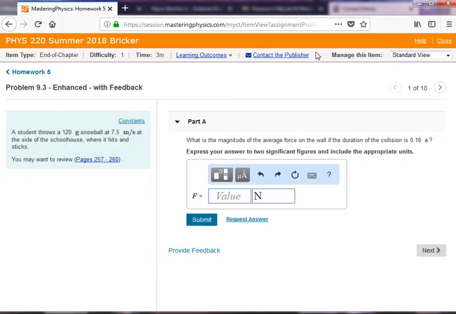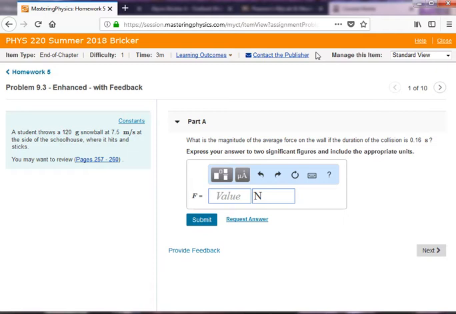Okay, so the first problem is 9.3. A student throws a 120-gram snowball. The mass, 120 grams, is 0.12 kilograms, dividing by 1,000, at 7.5 meters per second, so that's the initial speed, at the side of a schoolhouse where it hits and sticks.